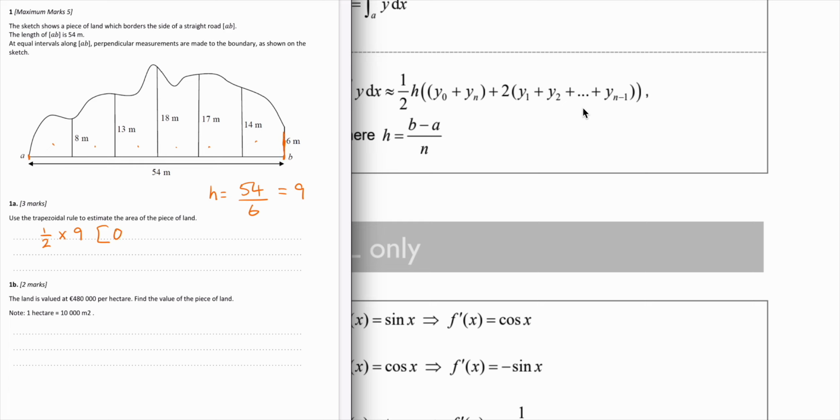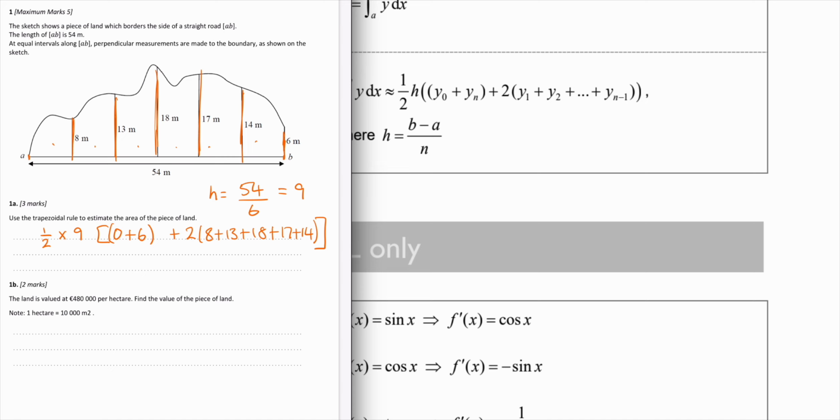So it's 0 plus 6 for the first and the last one, plus 2 lots of all of the other lengths in between, which would be 8, 13, 18, so 8 plus 13 plus 18 plus 17 plus 14. And we're just going to type that into our calculator to then find the overall area.